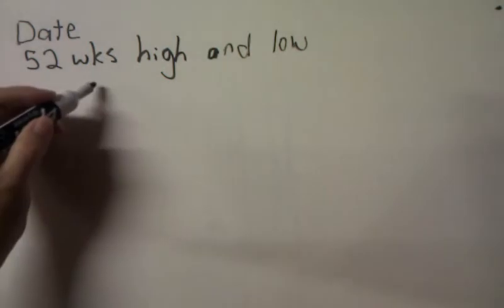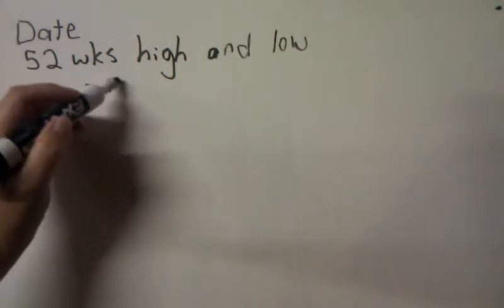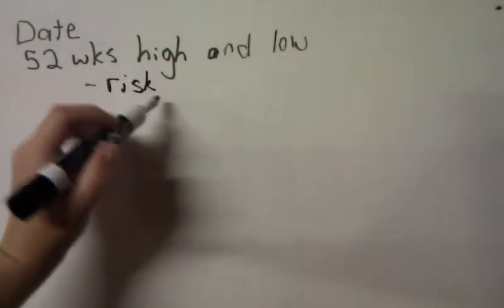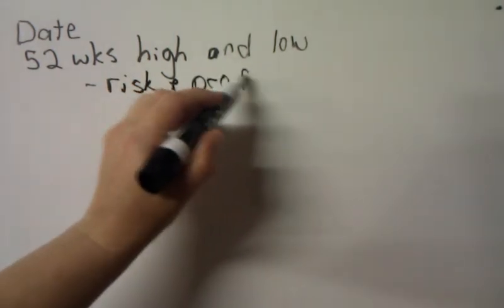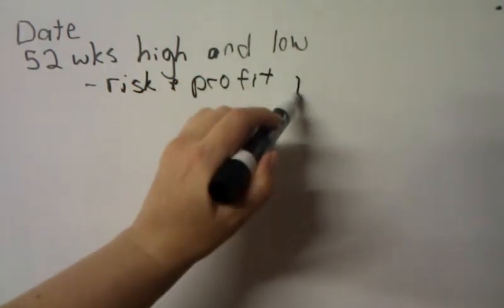This will tell you about the volatility of the stock. Volatility gives you an idea of the risk and profit potential of that particular stock. So this tells us the risk and profit potential.